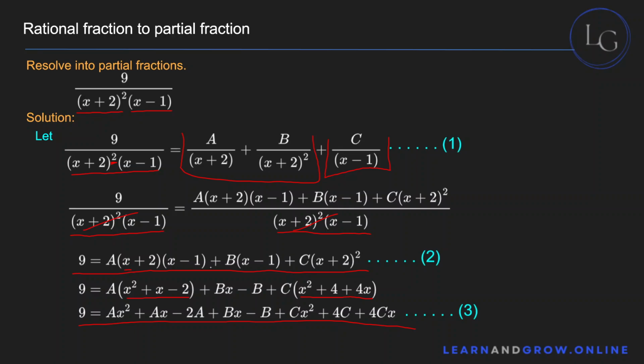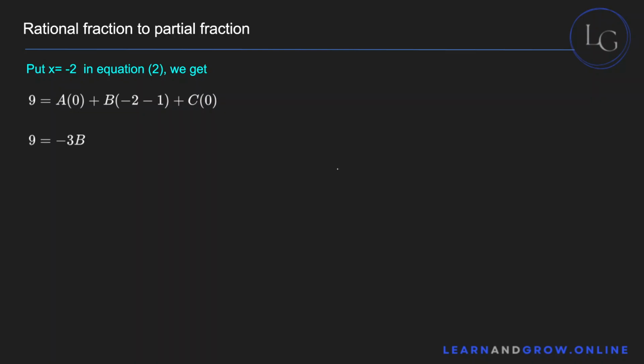So this entire expression will be 0, and c will also become 0 because this part will become 0. So you'll just be left with b into minus 2 minus 1, so b into minus 3. See, a will be multiplied with 0 and c will be multiplied with 0. b will be multiplied with minus 3. So we'll have minus 3b is equal to 9, and so the value of b is equal to minus 3.